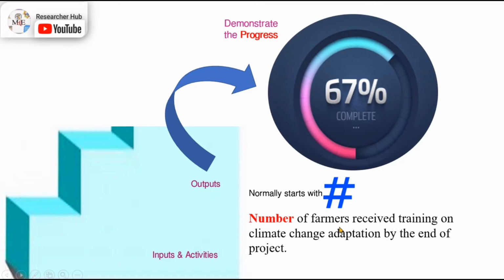Since this indicator only demonstrates the progress of the output, or in other words the progress of the activity, it shows how many activities have been done and how many people were involved in that activity. So it is about demonstrating progress.